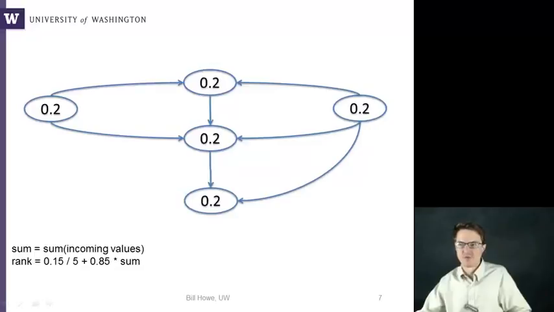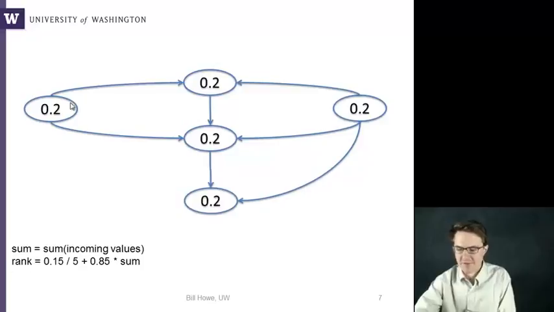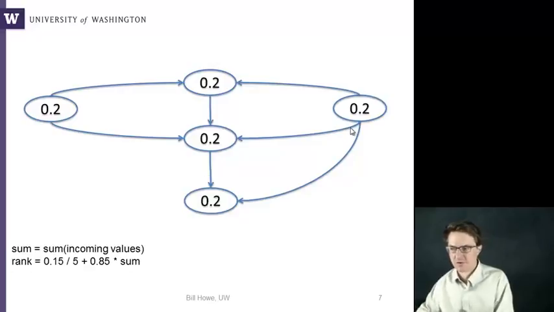We initialize the rank to the number 1 divided by the number of vertices. So there's 5 vertices, so we just divide 1 by 5, which is 0.2. Okay, so that's the initial rank.